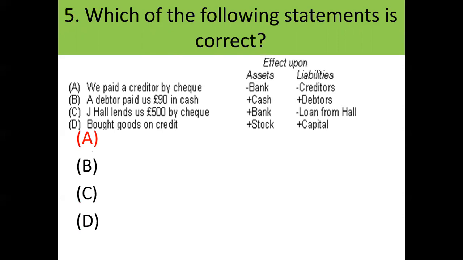A is the right answer, where we pay a creditor by check. In this case, we reduce our bank because we use our check to pay that creditor, and our creditors or our liabilities will be reduced also because part of it has been paid.